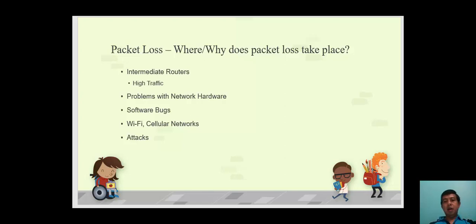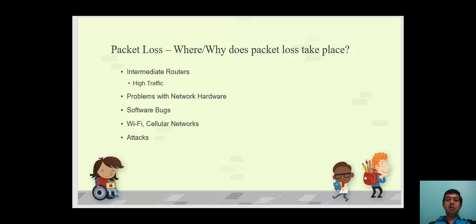Software bugs can also cause packet loss. For example, though it's very rare, it can happen that due to a software bug, a routing table was mismanaged. The routing table was not created correctly, and this would cause a packet to be sent to a different destination.